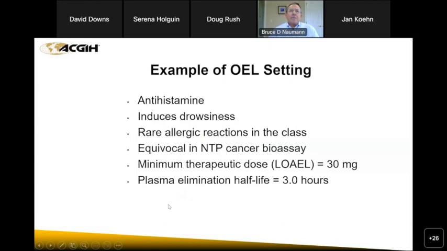So here's a simple example of the OEL setting process. I'll just pick a run-of-the-mill antihistamine, the sedating variety. I know we have some non-sedating choices these days, but the main thing is it induces drowsiness, which is obviously something we want to avoid in the workplace with our workers. Maybe there were some rare allergic reactions, but those are hard to interpret, especially if they're extremely rare, in setting OELs.